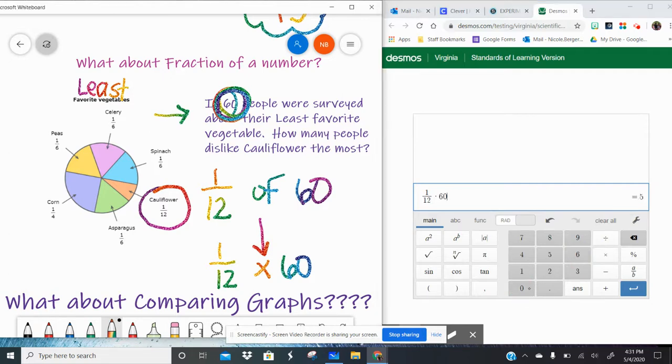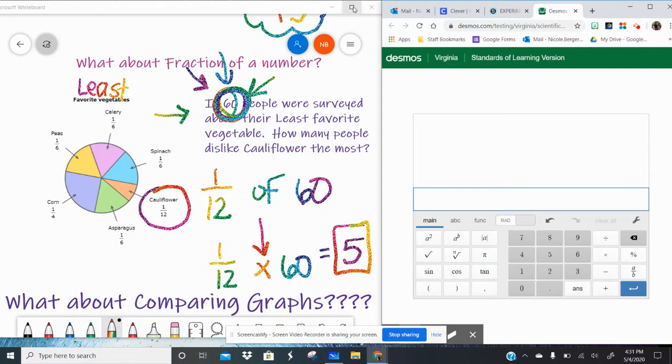That tells us that 5 people dislike cauliflower the most. So it's a super simple process. Remember, "of" means multiplication. We just take the fraction in our Desmos calculator times the number of people surveyed. That's the most important part: in order to solve a problem, we have to know how many people were surveyed in that scenario.